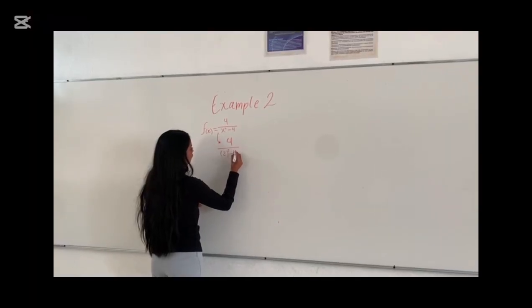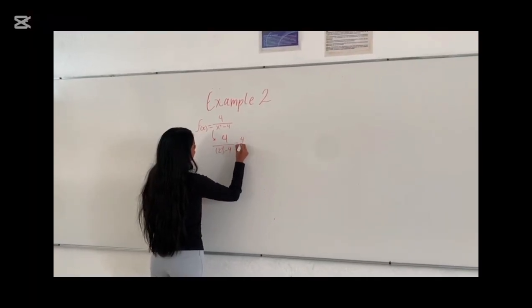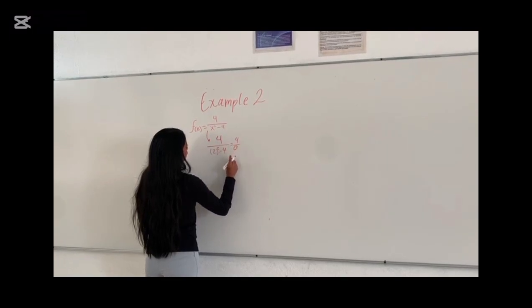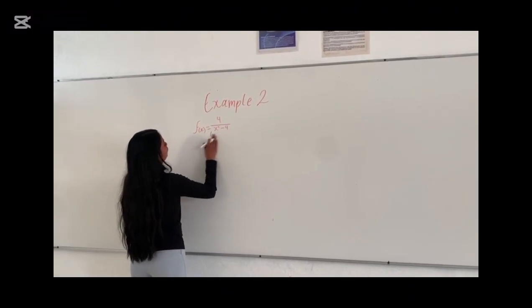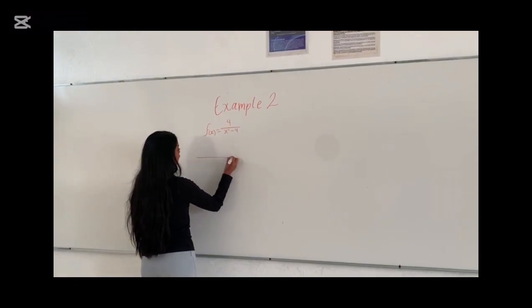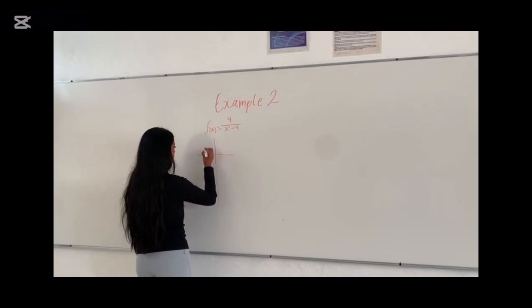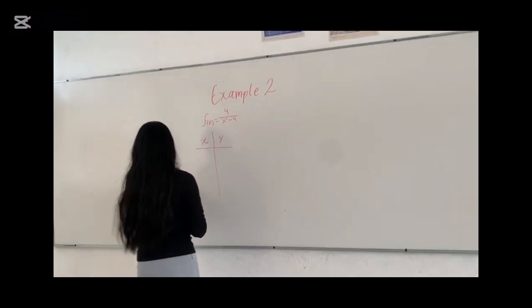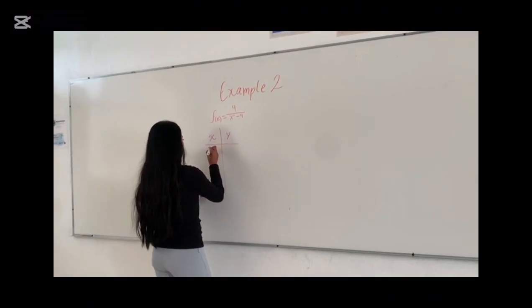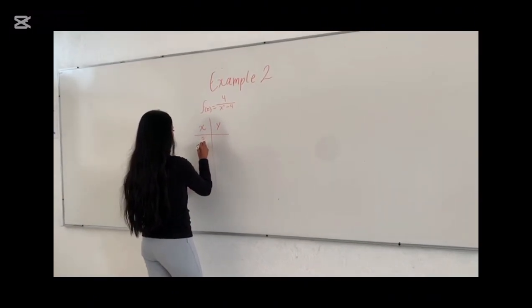Next, example 2. We are going to find the domain and range of the following function f(x) = 4/(x² - 4). To calculate this type of function, we need to know which numbers make the denominator equal to 0.